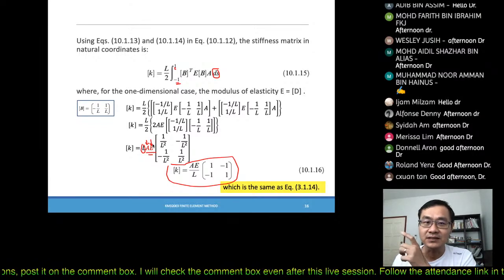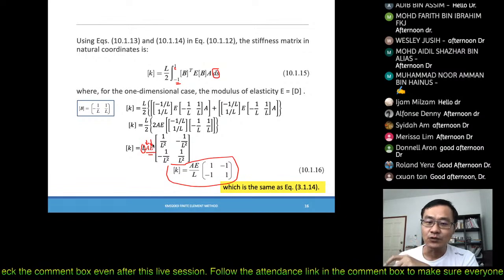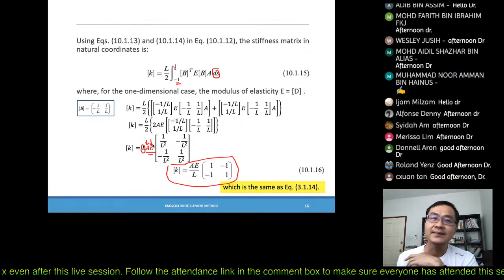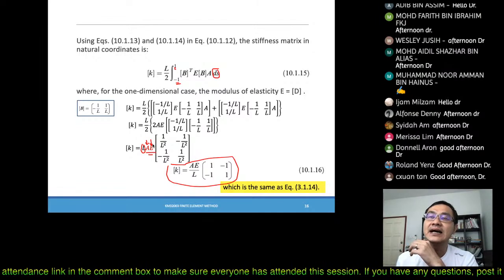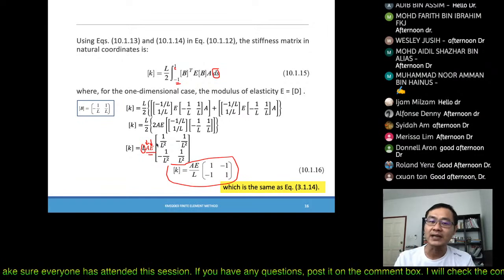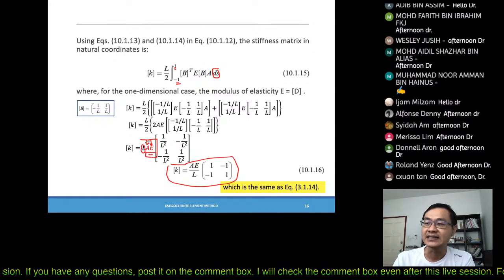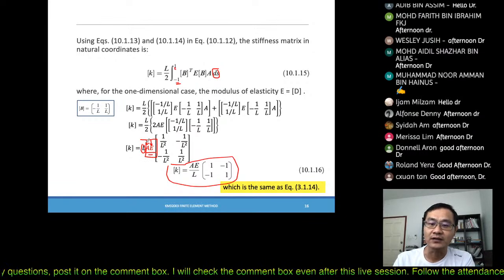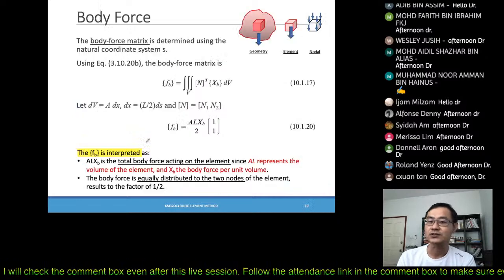But it is important that you be aware that when we apply this kind of finite element, the element that we select, we have to provide this detail, the A and the E, to the software, in order for it to calculate proper results.